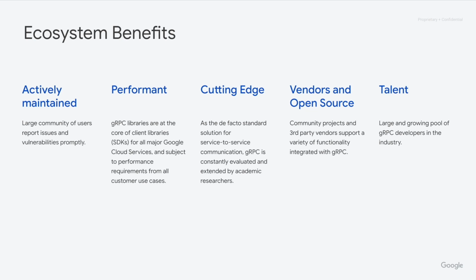Performance has always been a focus because gRPC is used, for example, at Google, as a core building block for all Google Cloud services. It's also used at many other organizations as a building block for their distributed systems.